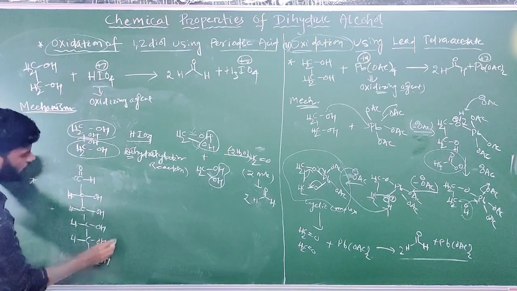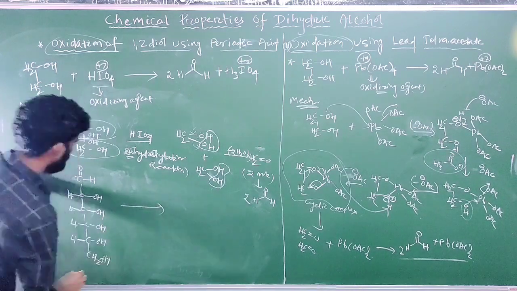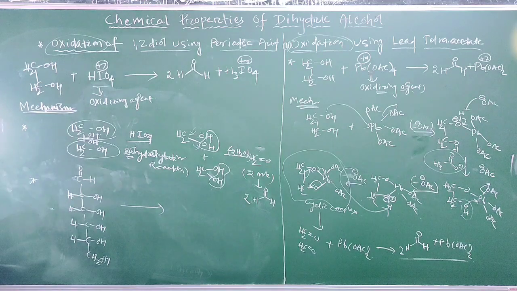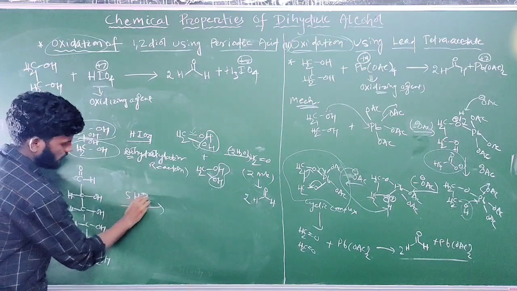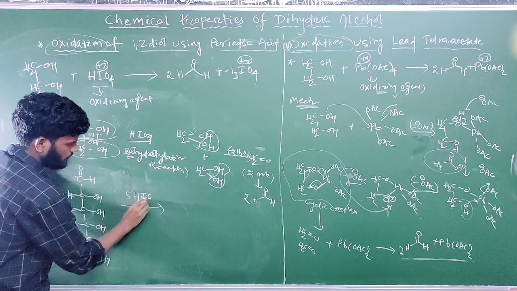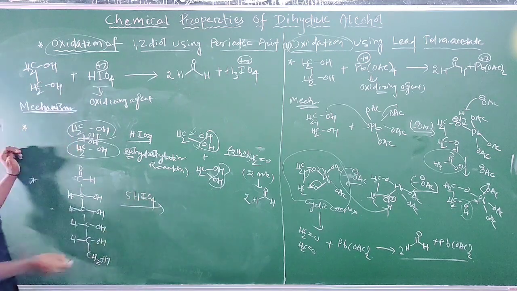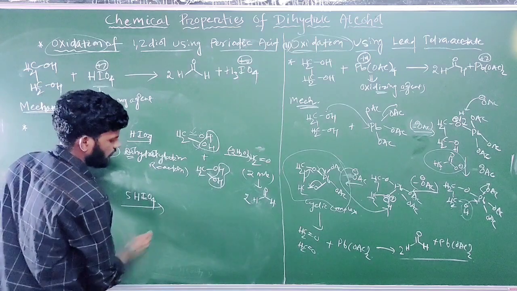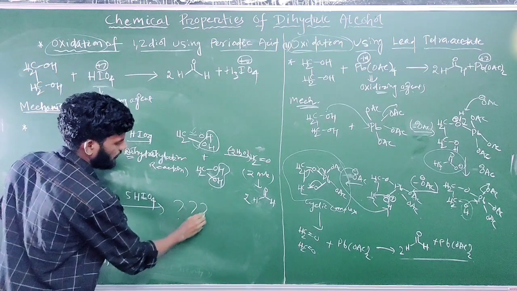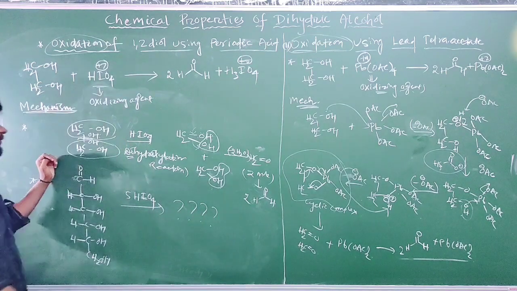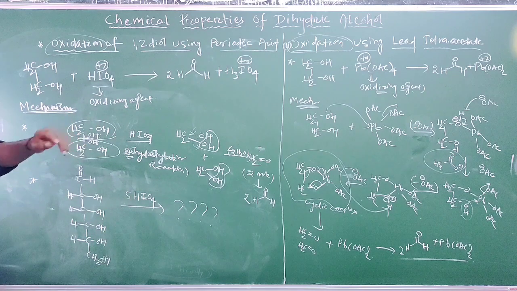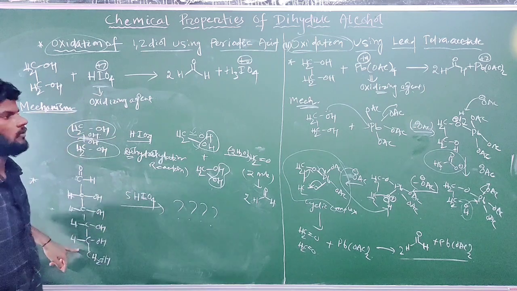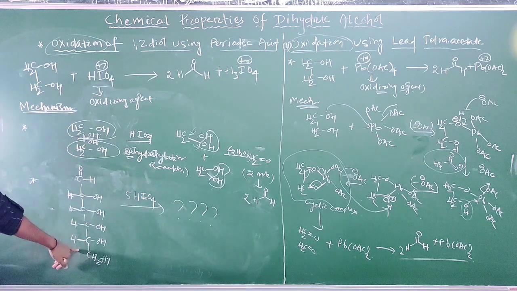If to this we add 5 moles of HIO4, periodic acid, then what products will you get? Practice yourself in a rough notebook, or I will discuss the answer in the next class. This is one task for you.